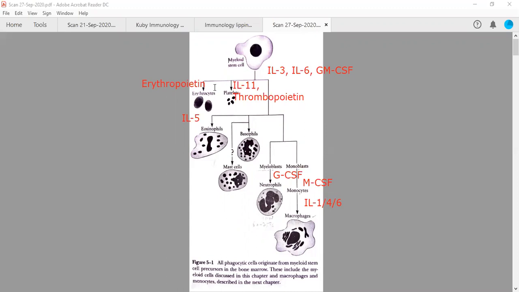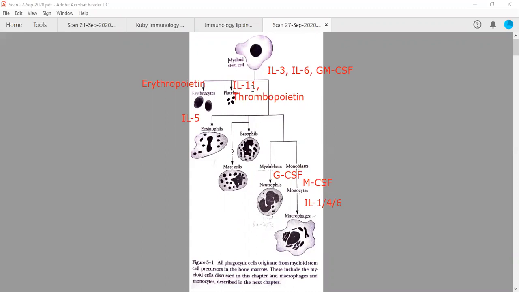So are you able to understand this? Okay, so I'm telling once again. This myeloid stem cell is actually coming out of the hematopoietic stem cell. There should be something which is responsible for making this myeloid stem cell.